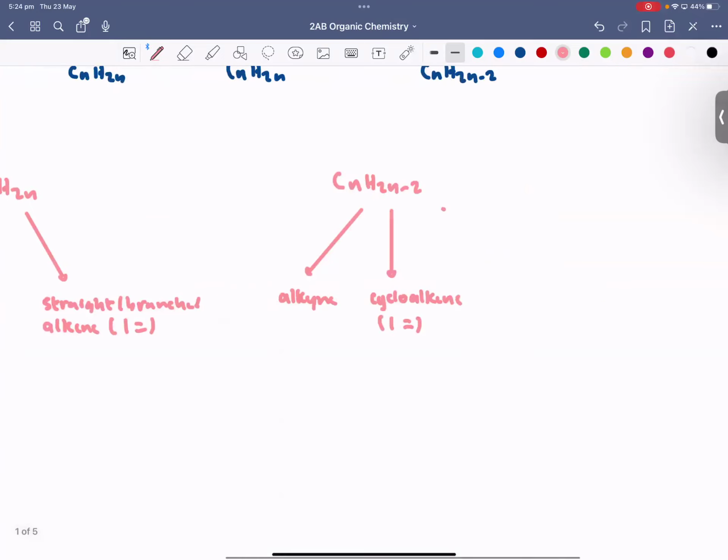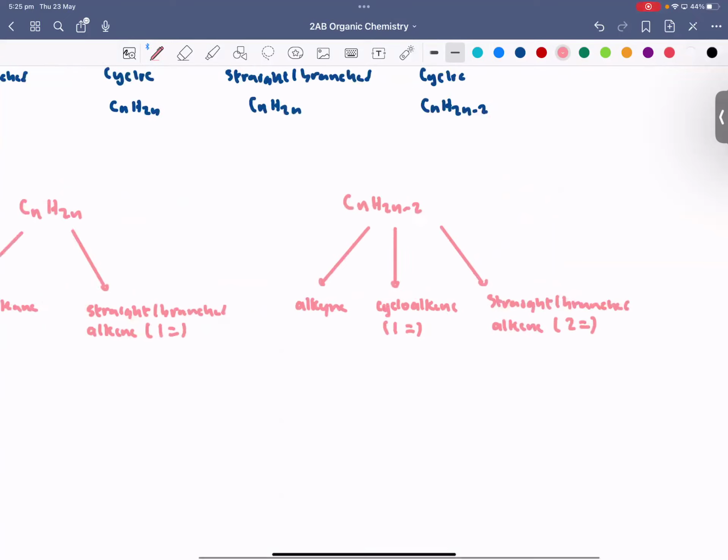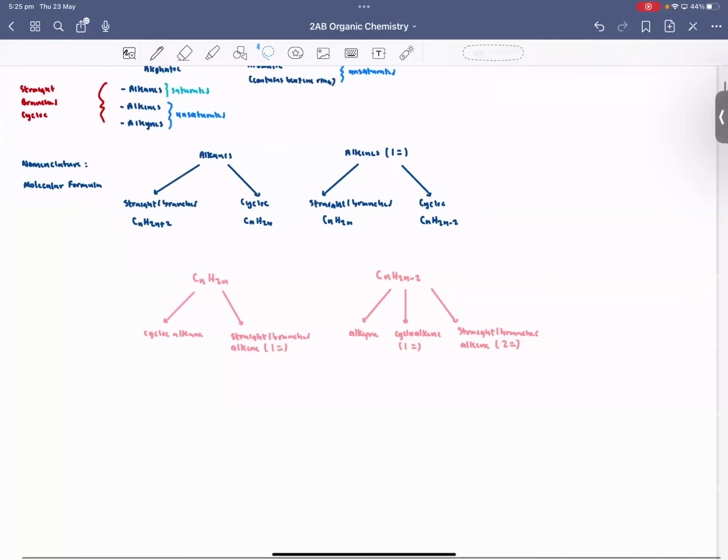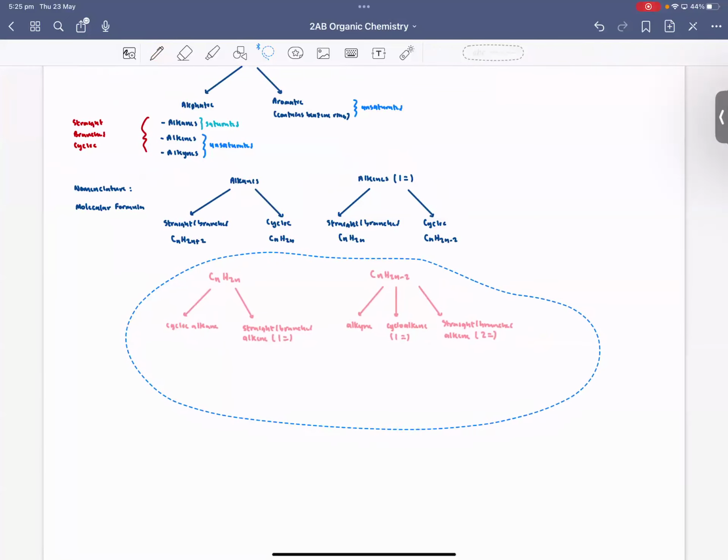Or it could be a straight or branched alkene with 2 double bonds. So you can never assume. Okay, it could be any. The moral of the story being, every time you do a cycle, you lose 2 hydrogens. Or every time you do a double bond, you lose 2 hydrogens. Okay, so just make sure you know your molecular formulas of them.